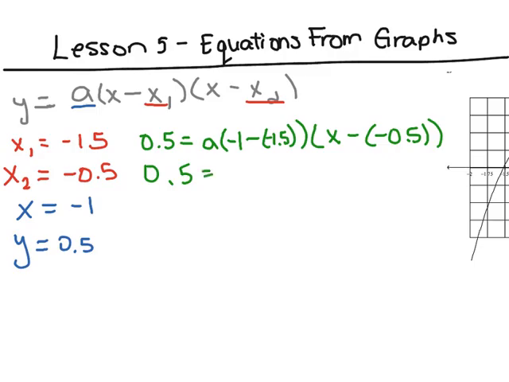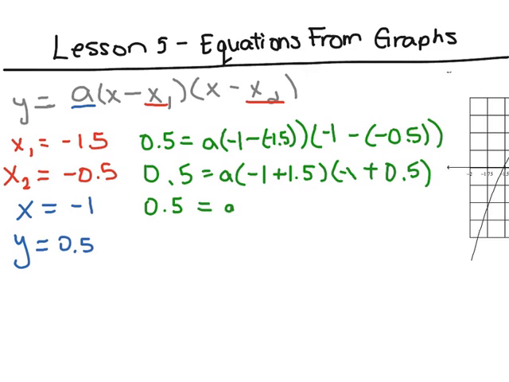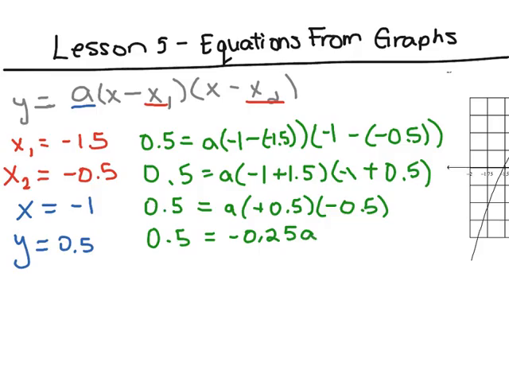So inside the brackets, this turns into negative 1 plus 1.5 and negative 1 plus 0.5. What that turns into is plus 0.5 and times negative 0.5. 0.5 times negative 0.5 is negative 0.25.